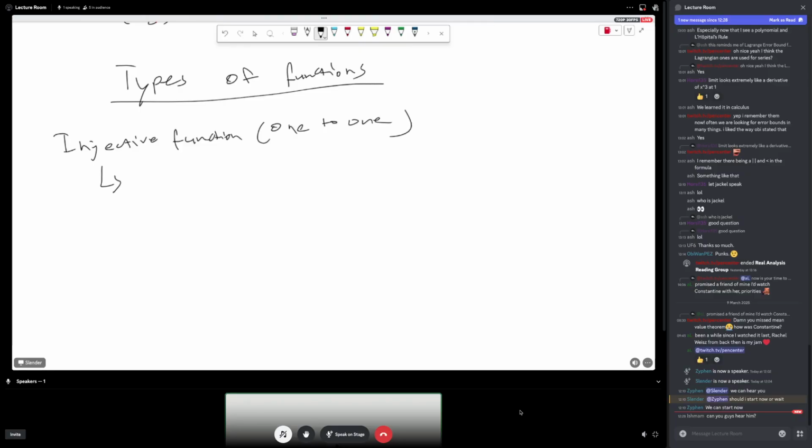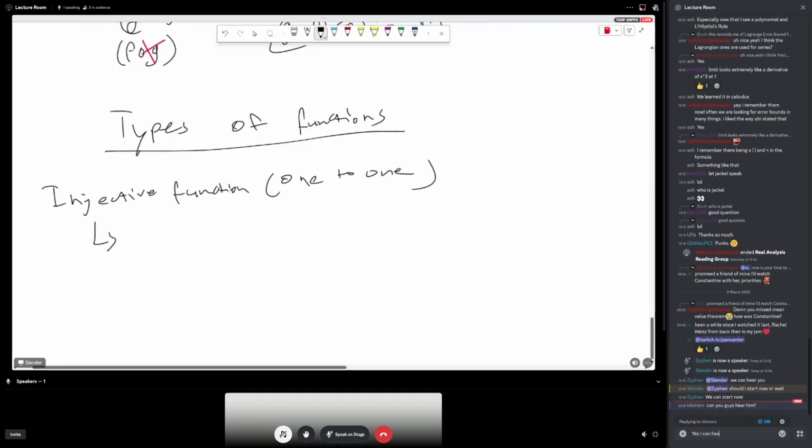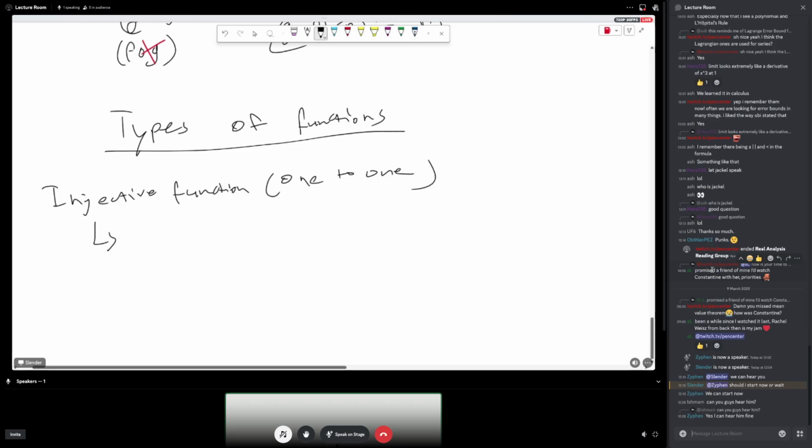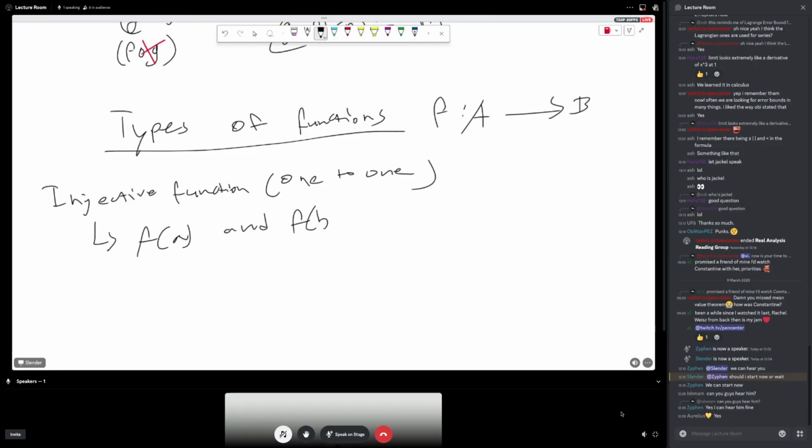So an injective function is basically defined like this. Say we have some function. Let's assume all the functions will be from this set A to B. Then say we have some f of a and f of b, for example.